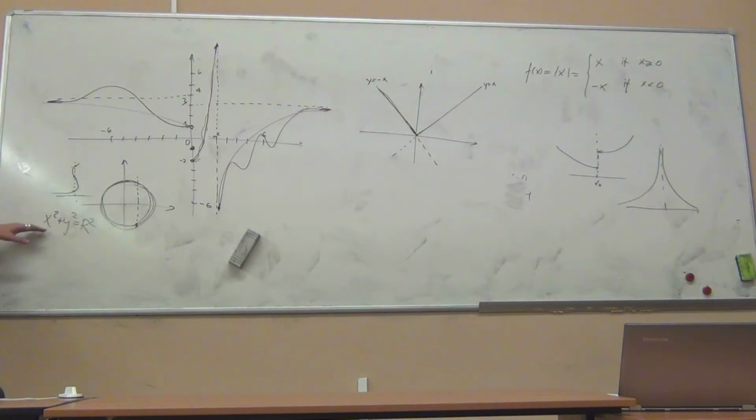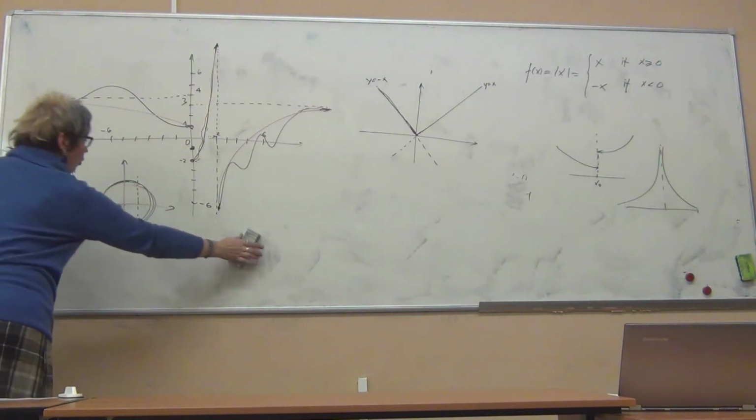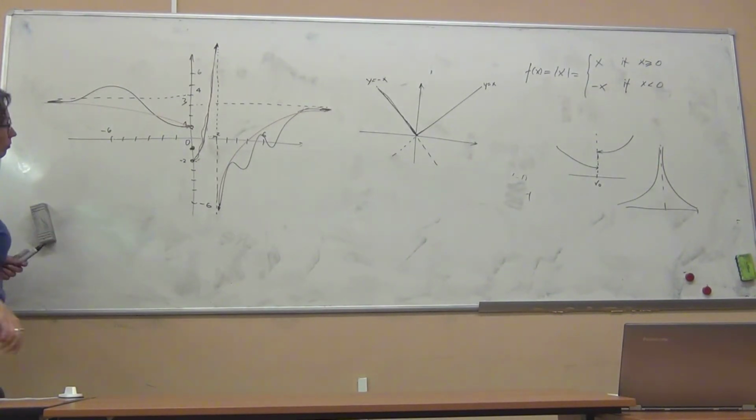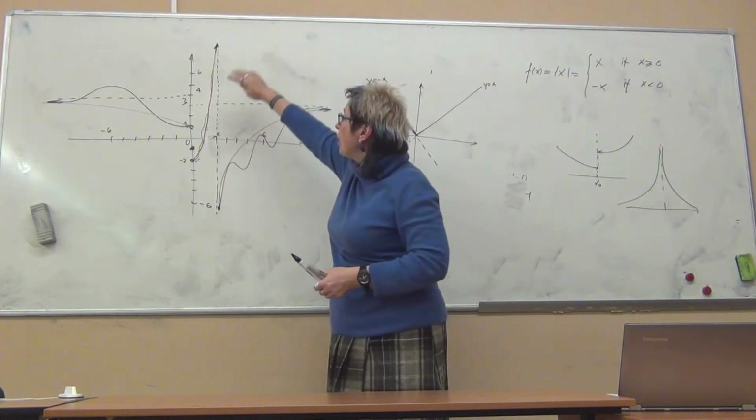It is an equation of the circle, but this is not an equation of a function. This is not a graph of a function, because there are two different y values for the x values possible.